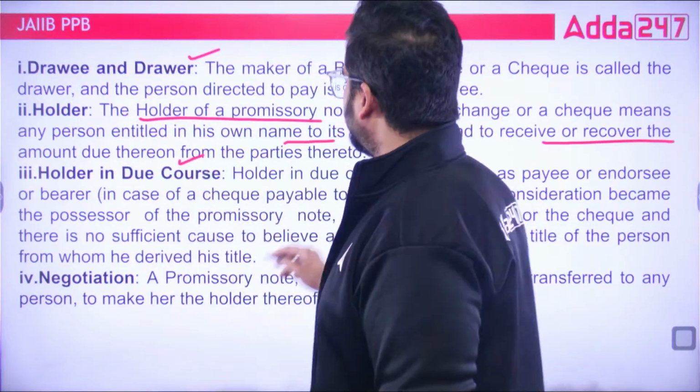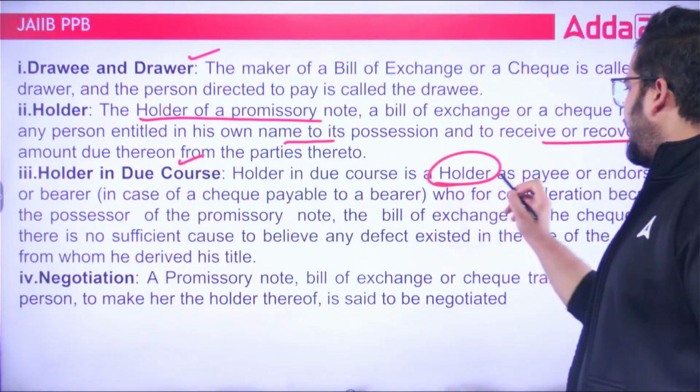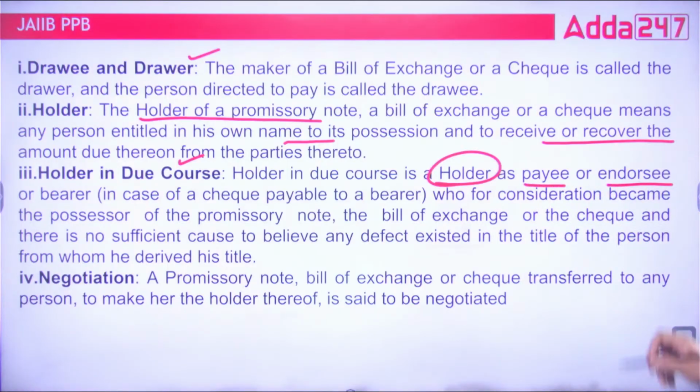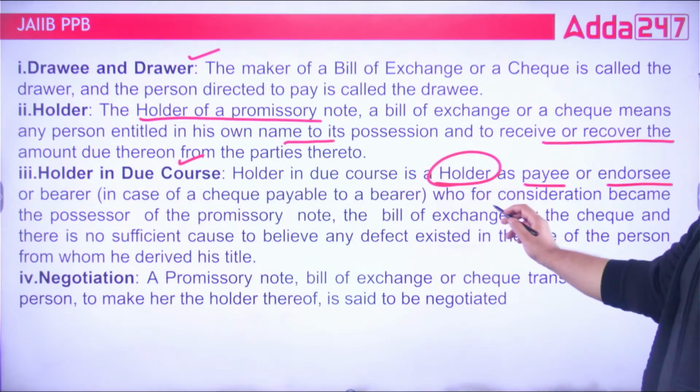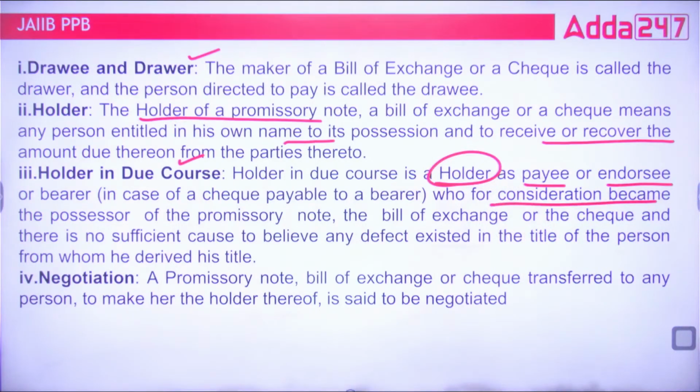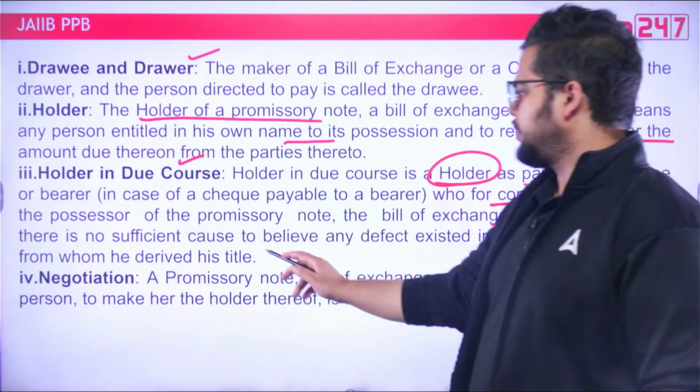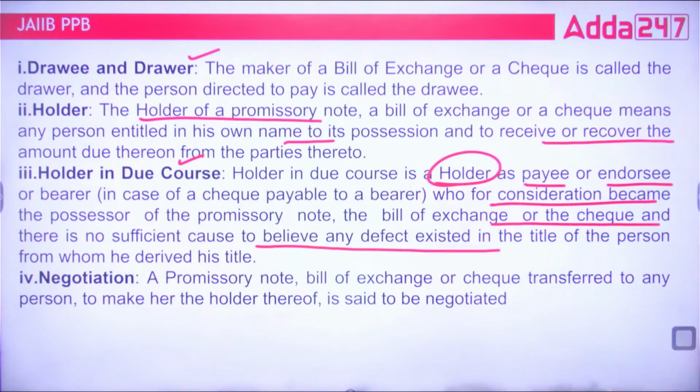Holder in due course is the holder as payee or the endorsee or the bearer. In case of a check payable to the bearer, who for consideration became the possessor of the P note, the bill of exchange or the check, and there is no sufficient cause to believe any defect exists in the title of the person from whom he derived his title.